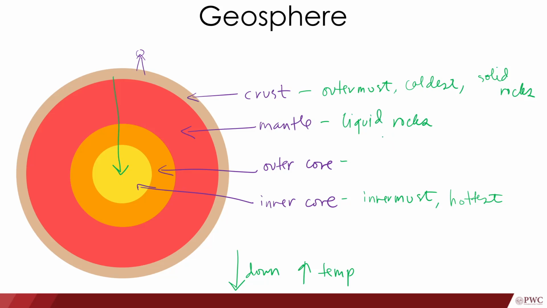So again, the rocks deep below the ground are molten because of the increase in temperature. There's intense temperature under the ground and that melts the rock. The outer core and the inner core are mostly made up of iron and nickel.